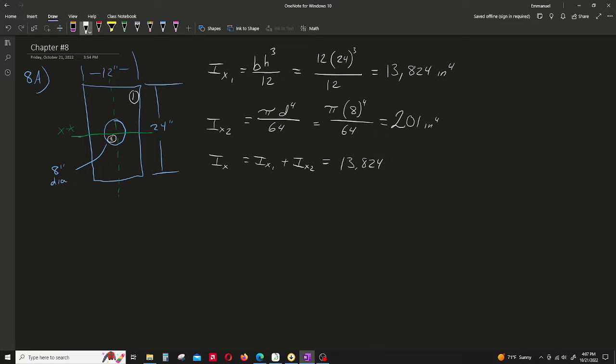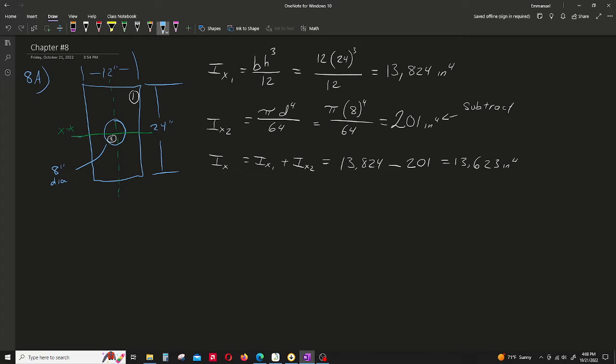For Ix2, you have to remember that this is a hole, and holes are cut out, so we have to subtract it. Basically, we're subtracting material from that block, and that changes its moment of inertia. So we subtract 201 for a total value of 13,623 inches to the fourth power.